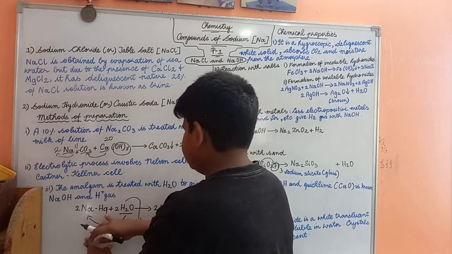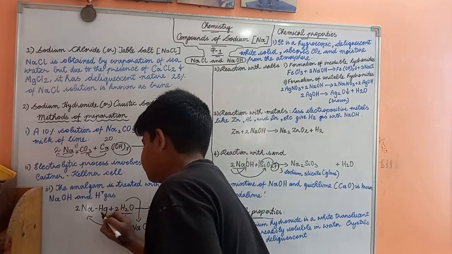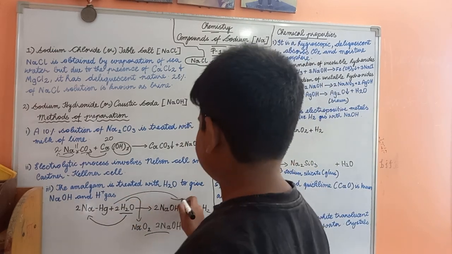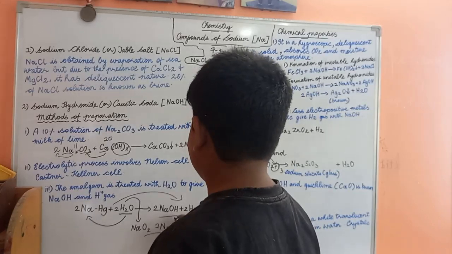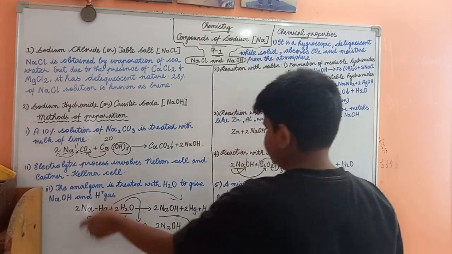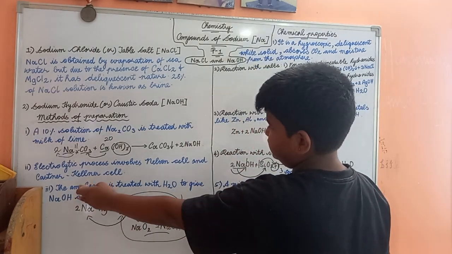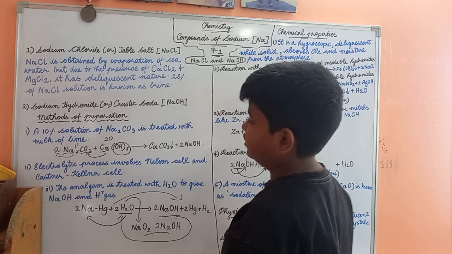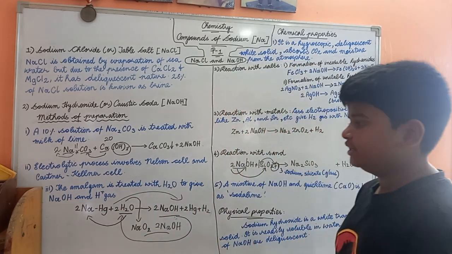Mercury will react with the hydrogen, and this sodium hydroxide will go on to here, and this completes a cycle. This is known as the amalgam, which is treated with H2O to give NaOH and H2 gas.